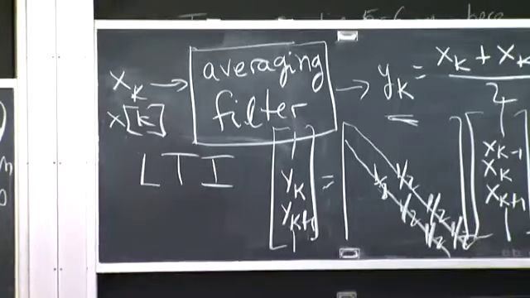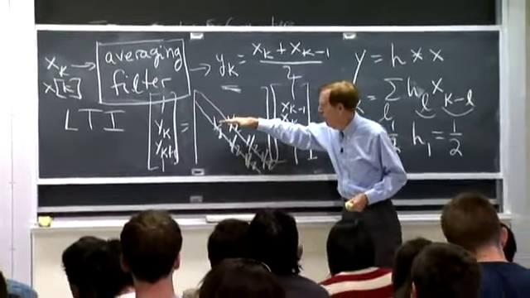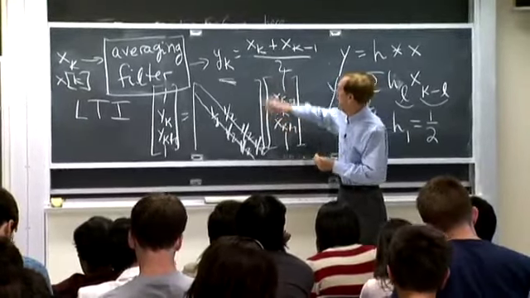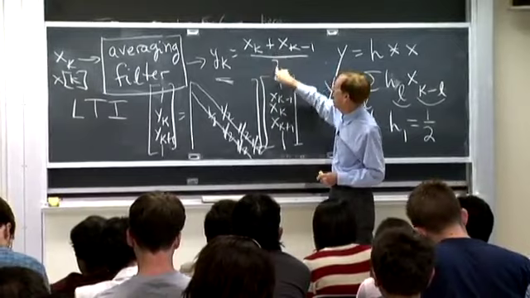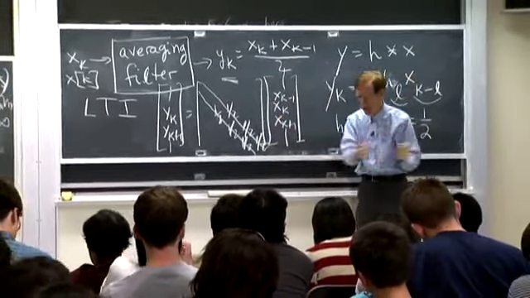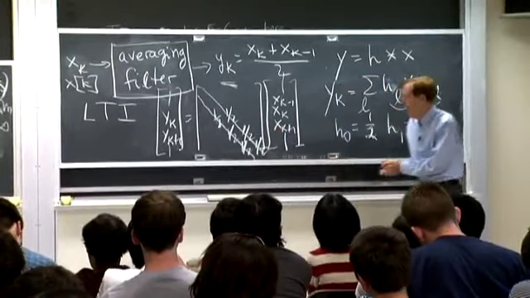Time invariant means that you're not changing the filter as the signal comes through. You're keeping a half and a half. The formula doesn't depend on k. The numbers are just a half and a half. So if I shift the whole signal by 1,000, the output shifts by 1,000, right?